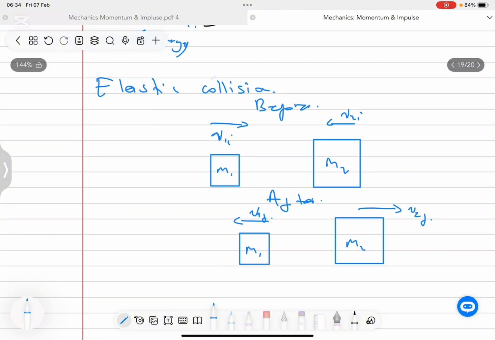Obviously, before collision, it should be clear that we have total kinetic energy here in the system, so that our total kinetic energy of the system initial would be given by 1/2 M1 V1 initial squared plus 1/2 M2 V2 initial squared.